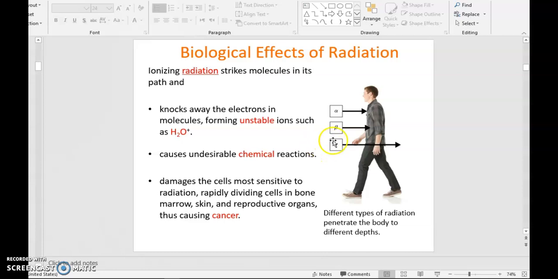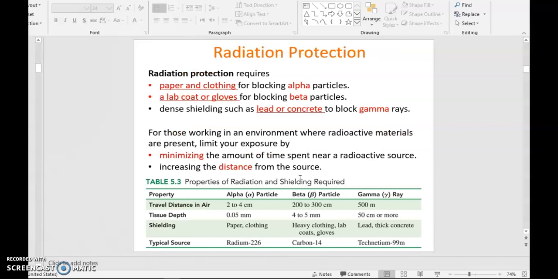So gamma radiation is very damaging, and X radiation as well. What prevents gamma and X radiation is concrete. That's why whenever you do imaging with X-rays, they usually put concrete protection in place while you're doing the X-ray.